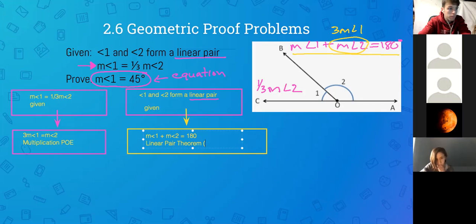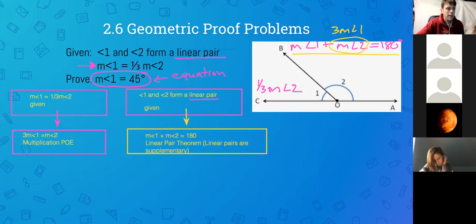If 2 angles form a linear pair, they are supplementary. This is just another way for us to shortcut this a little bit. And this is an equation that I can write for supplementary angles.